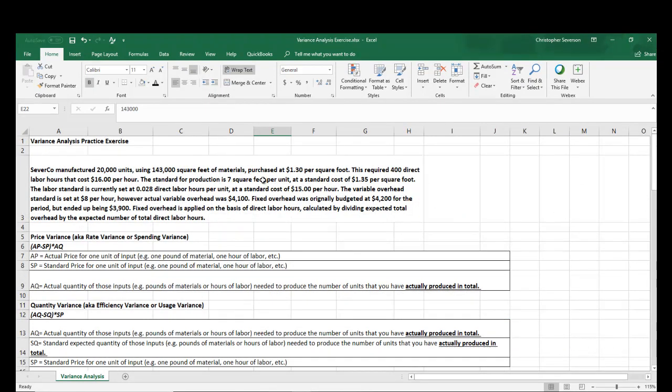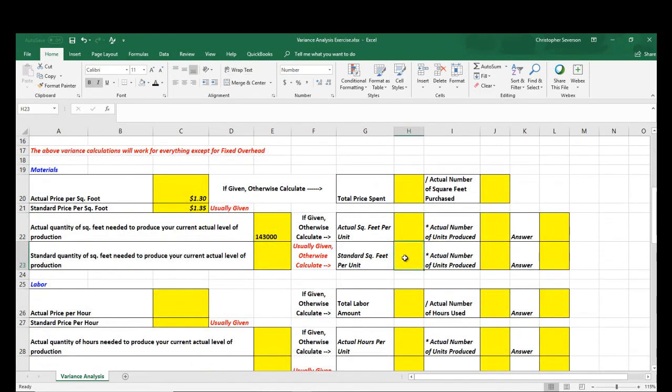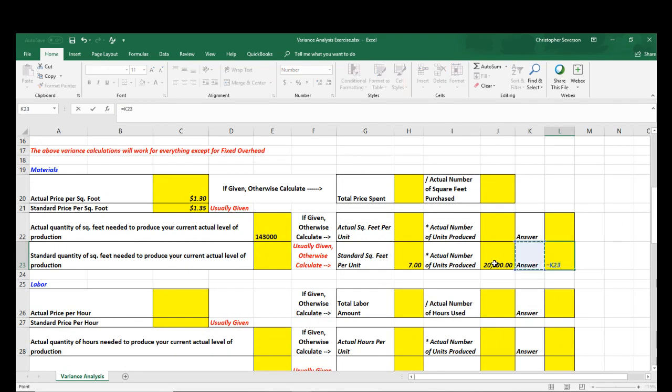So the standard is 7 square feet per unit, but they don't give us a total standard, and in many cases they don't. 7 square feet per unit, we actually produced 20,000 units. So here's where we're finally going to use the right-hand side of this template. 7 square feet per unit standard multiplied by the 20,000 units actually produced.